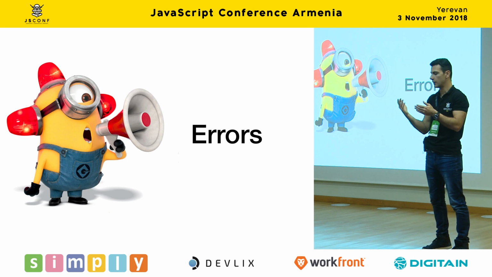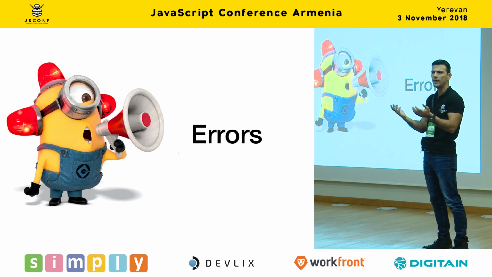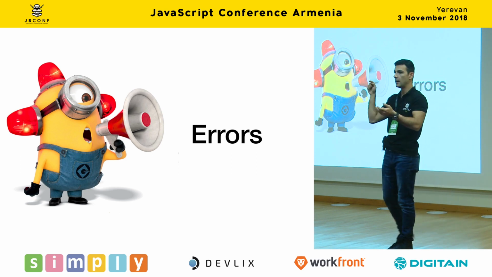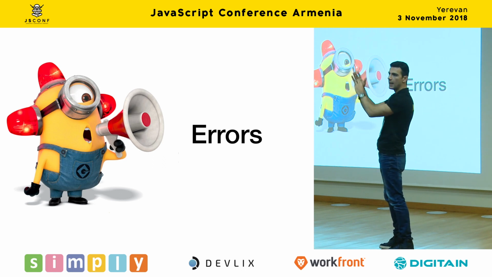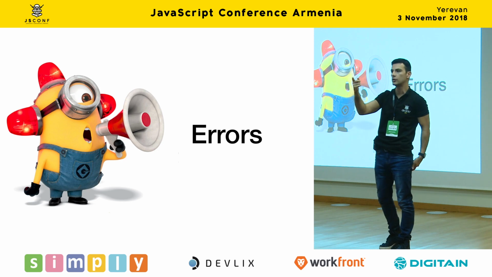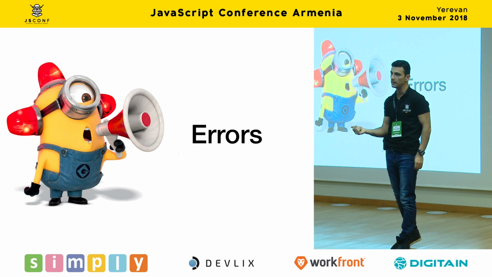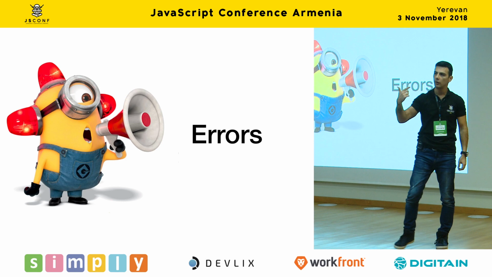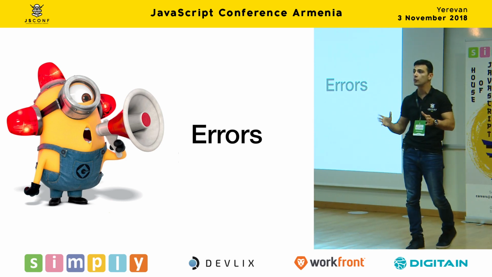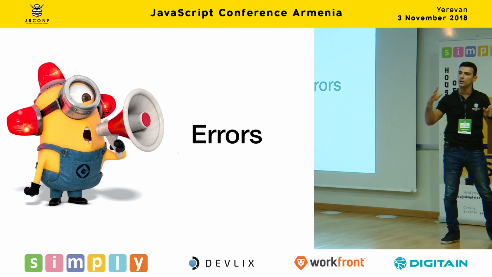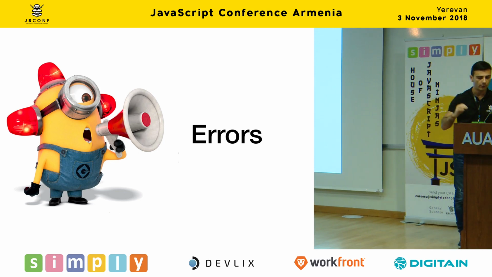Does this input accept numbers or booleans, or what is the expected input type? I click on the URL, it goes directly to the documentation, directly to the function, and now I can read it and know, okay, this is what I did wrong, fix it, and I'm done. So having URLs that reference your documentation directly as part of your error is super useful. React does this really well, other libraries do too. So let's follow this convention.